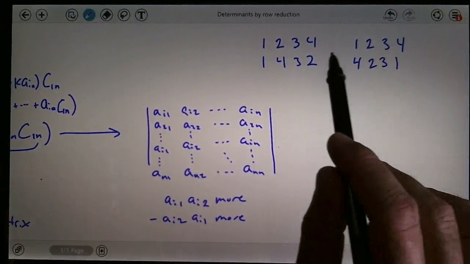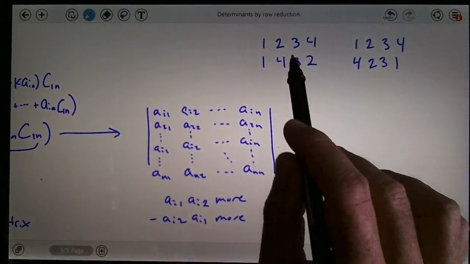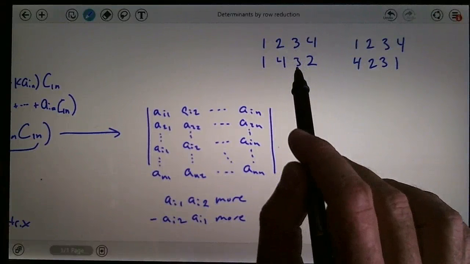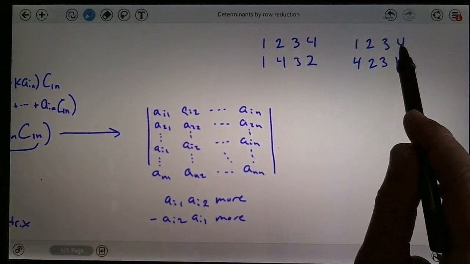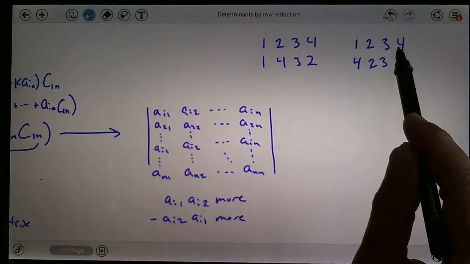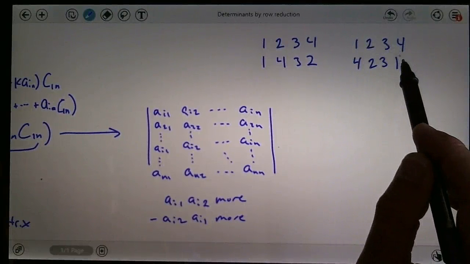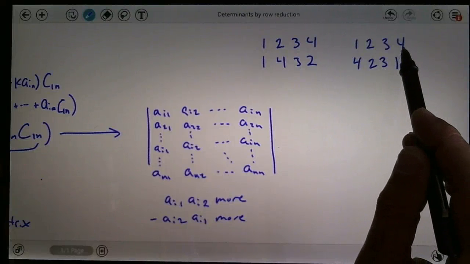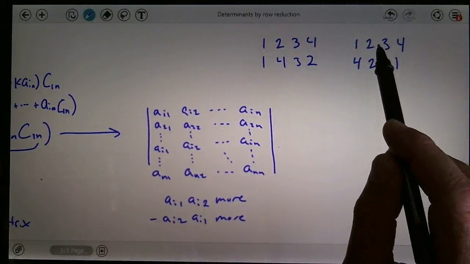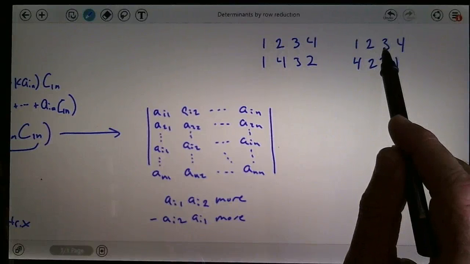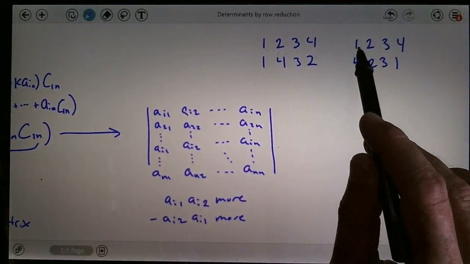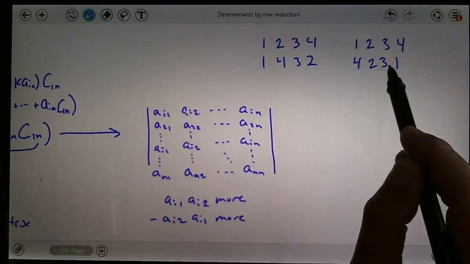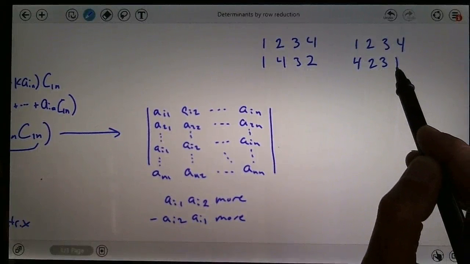Right? On the other hand, that was jumping over an odd number of rows. If I swap jumping over an even number of rows, so if I'm taking, let's say, the 1 and the 4 and swapping them, there's an even number of rows in between here. The 4 coming out in front jumps over the 2 and the 3, creating 2 inversions. The 1 coming back the other way jumps over the 2 and 3, creating those 2 inversions as well.